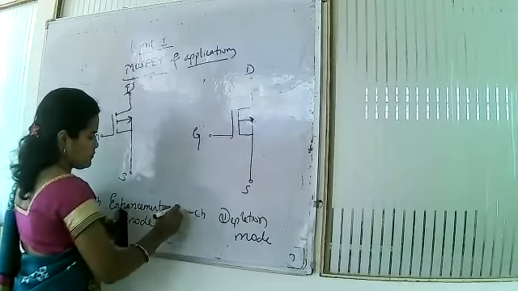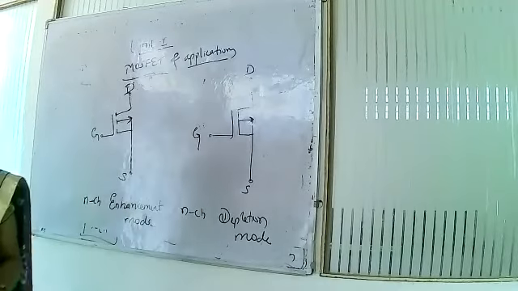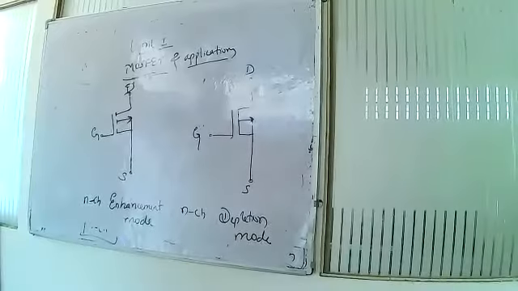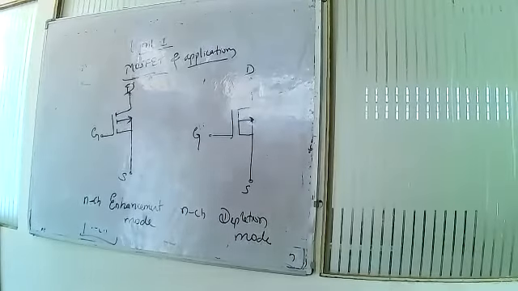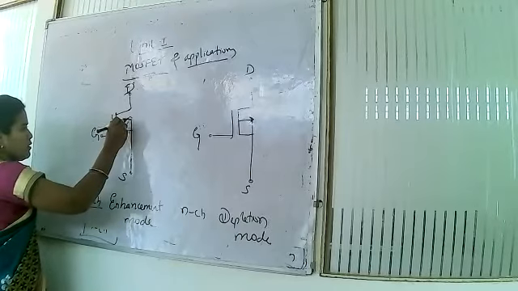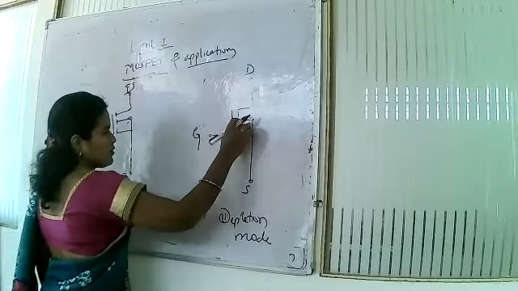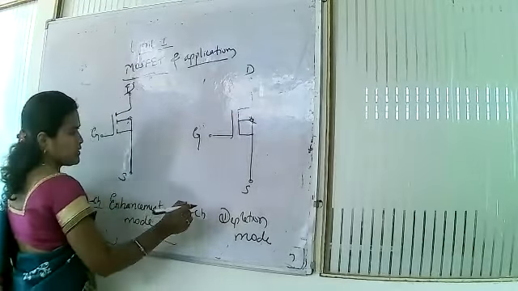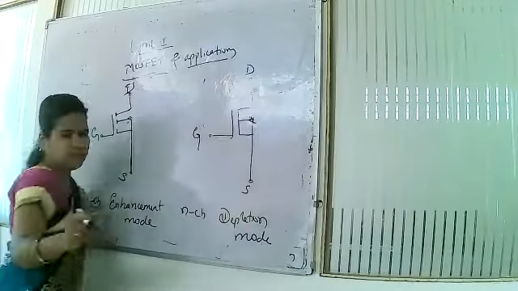Okay. Now we will see the N channel. Now what are we going to study? See, the difference between the P channel and the N channel is that in the N channel, the arrow will be like this, and the N channel depletion mode is like this.